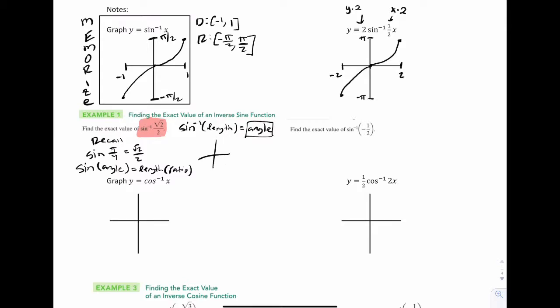You simply draw quadrants 1 and 4 like that, because that will cover every possible value for sine. That's all the y values. And then mark where √2 over 2 would be. That's right there in quadrant 1. And that angle is pi over 4. So there's your answer.